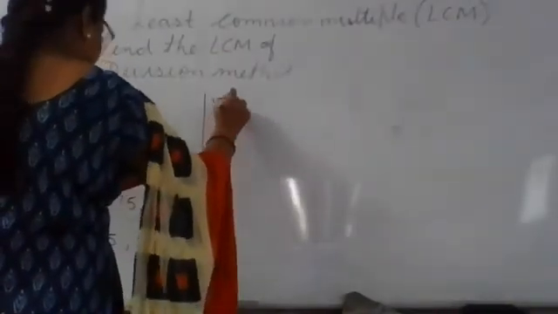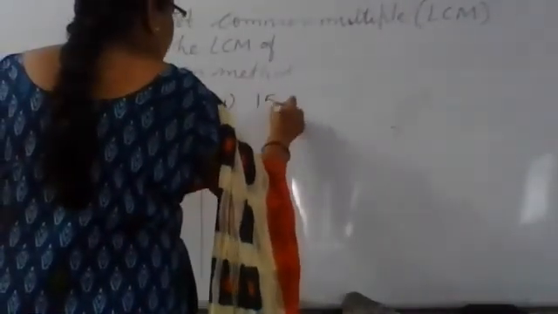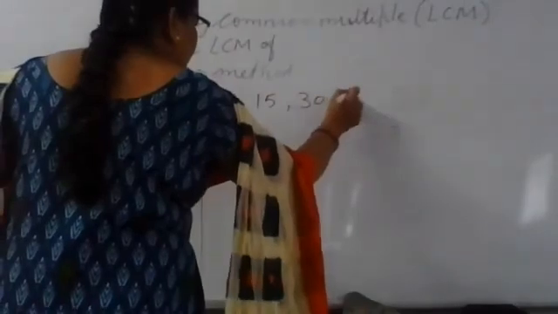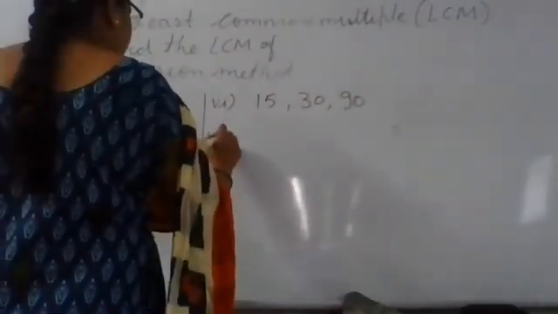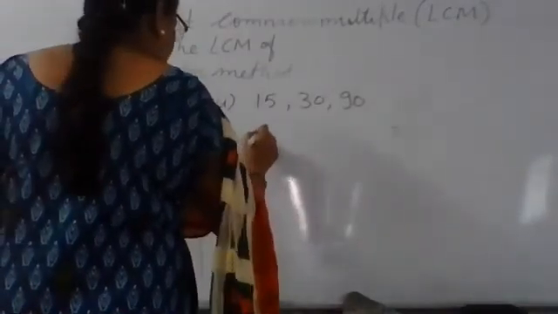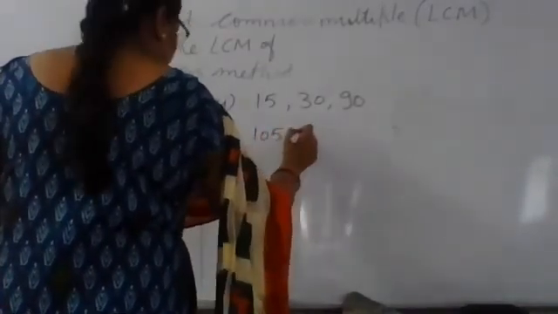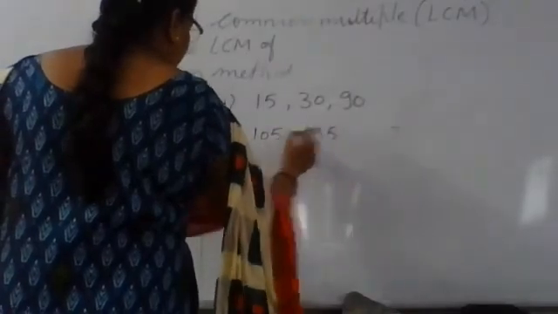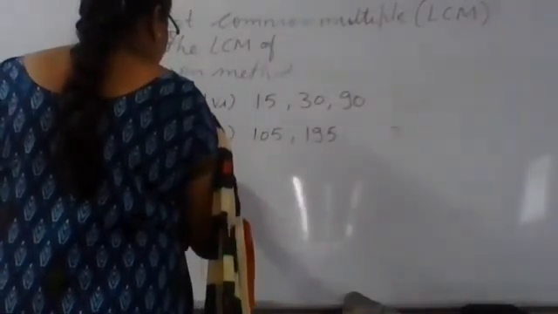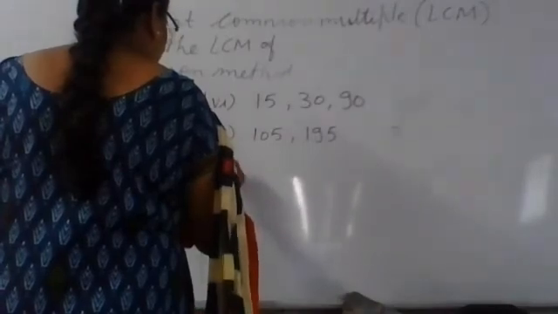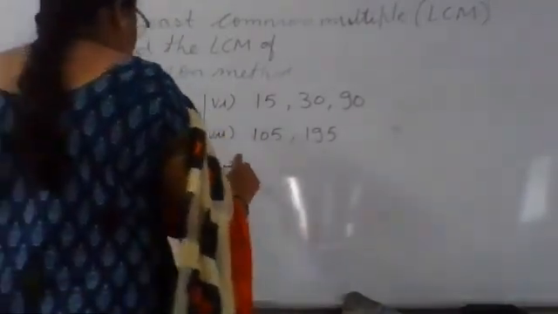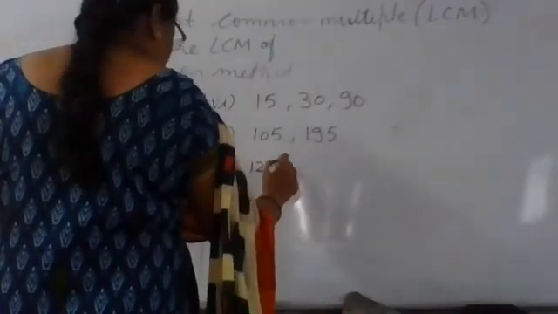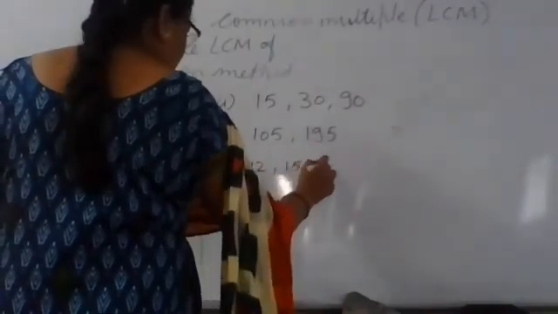Question number 6: 15, 30 and 90. 7: 105, 195. 8: 12, 15, 45.